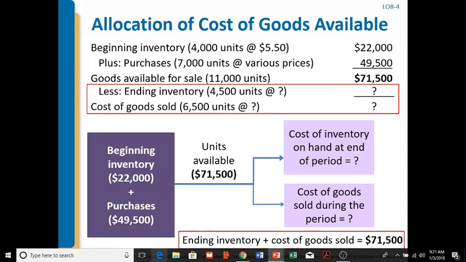So here you see those questions. Again, it depends on our inventory cost flow assumptions.